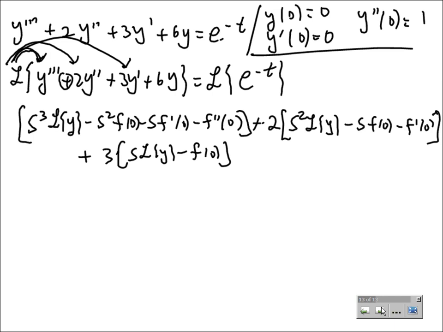Plus the Laplace of 6y, or 6 times the Laplace of y. And this is equal to the Laplace of this. Well, that's a minus 1 there. So it's 1 over s minus negative 1, or 1 over s plus 1.